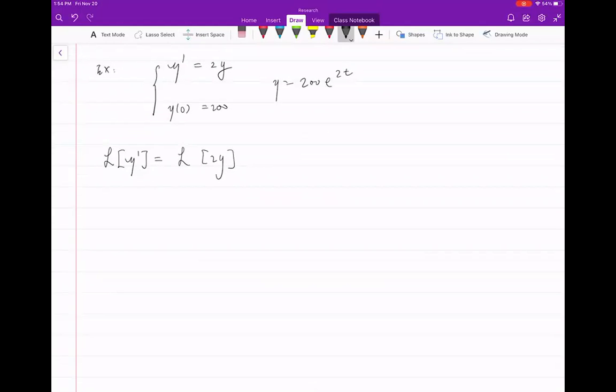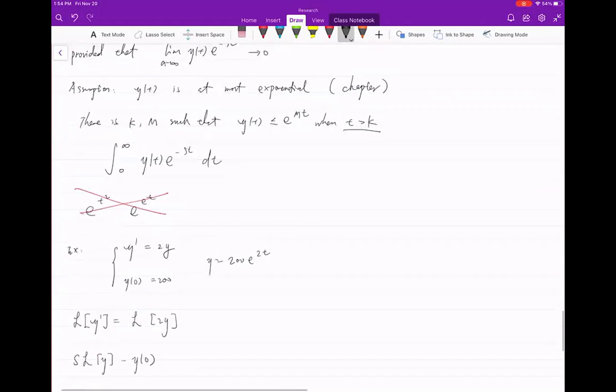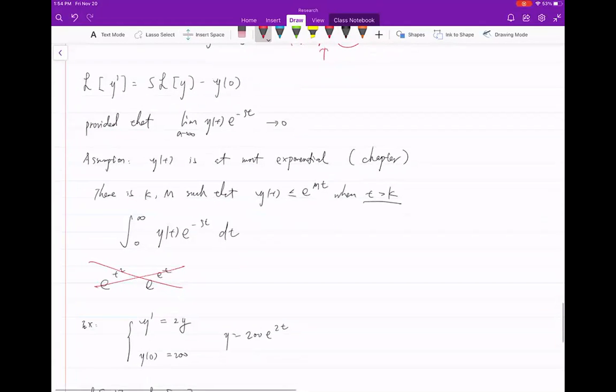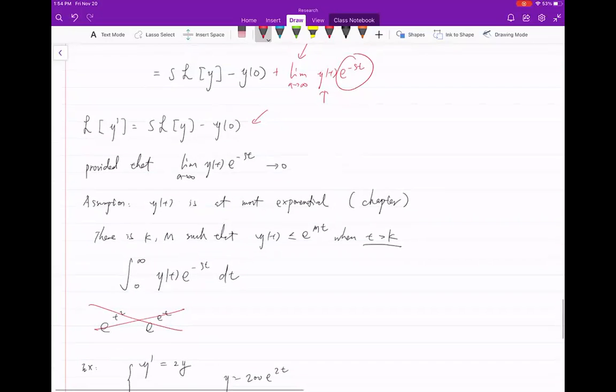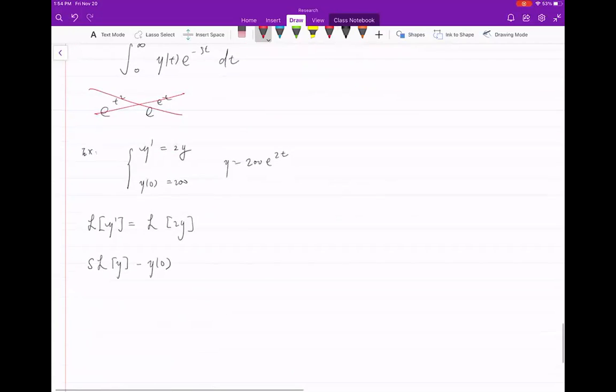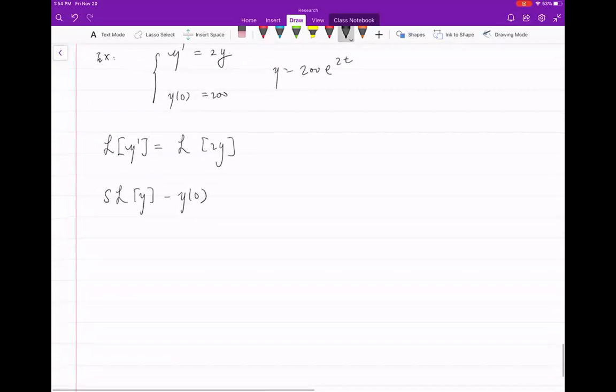All right. L of y prime, you know how to do this. This is s L of y minus y(0), according to the thing we just computed, right? That's the property of Laplace transform. On the right, you have L of 2y. But remember, Laplace transform is linear, so you can take the 2 out, and this is L of y.